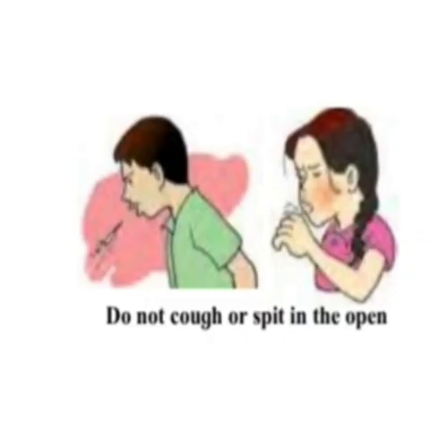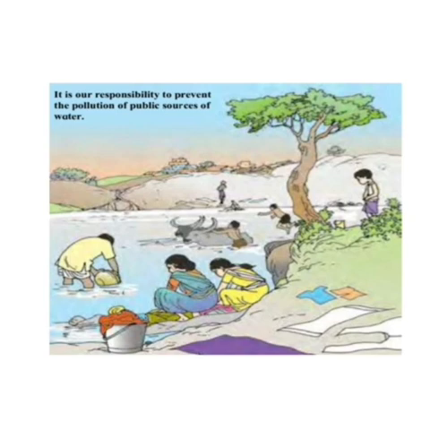See students, it is our responsibility to prevent the pollution of public sources of water. The germs of diseases of the intestines like typhoid, cholera, diarrhea, as also of jaundice are present in the feces of the affected person.